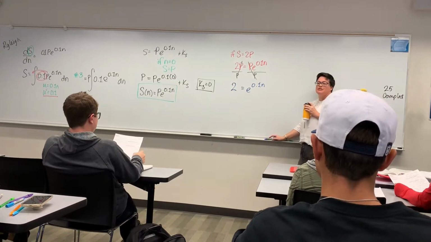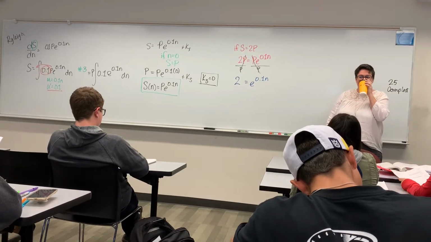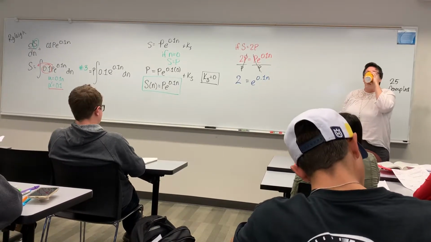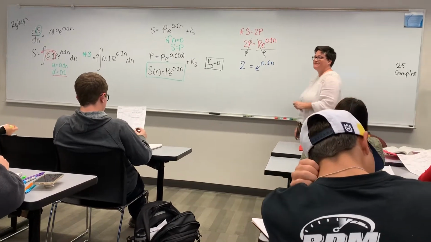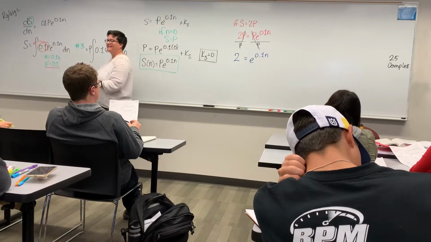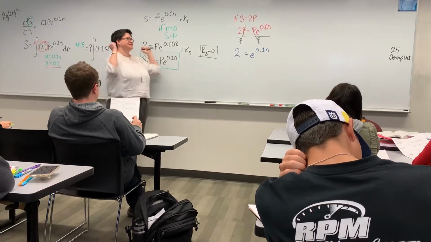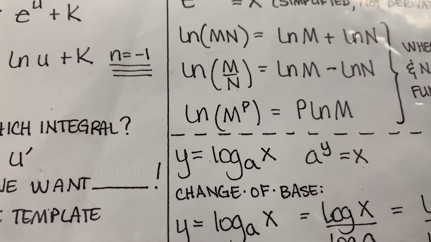How do we use our tattoo to solve for n? There's something on there that can help you guys. What do you think? The natural log. Yes. If I take the natural log of both sides.